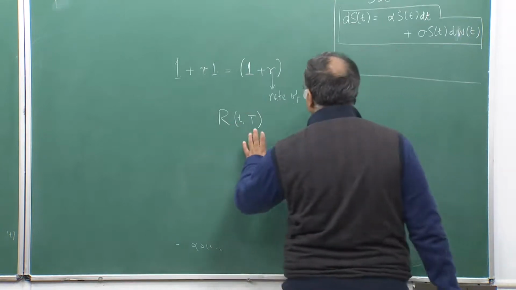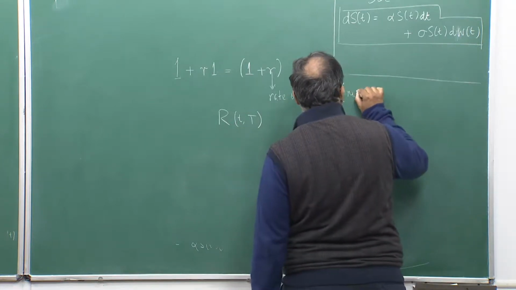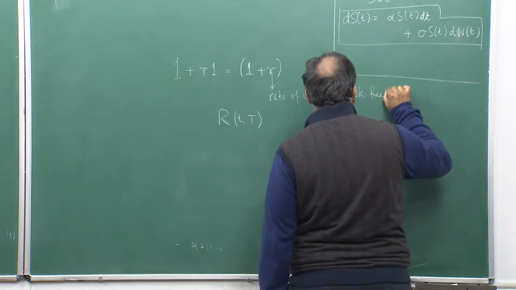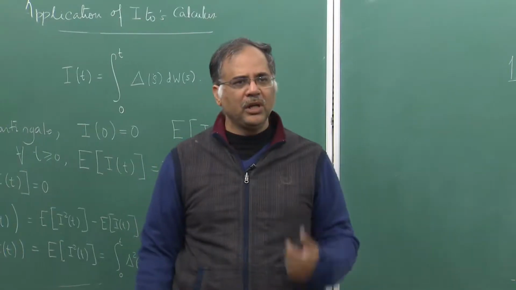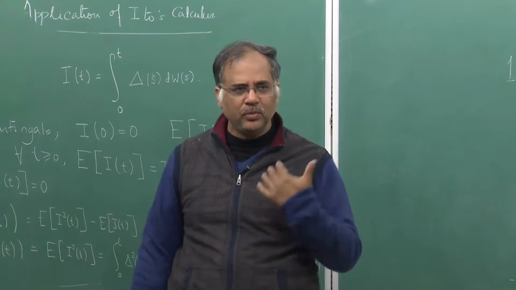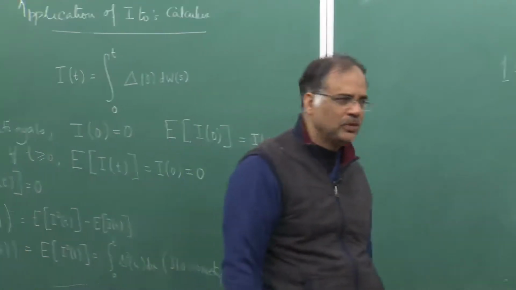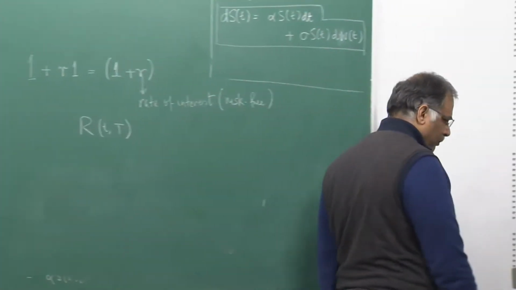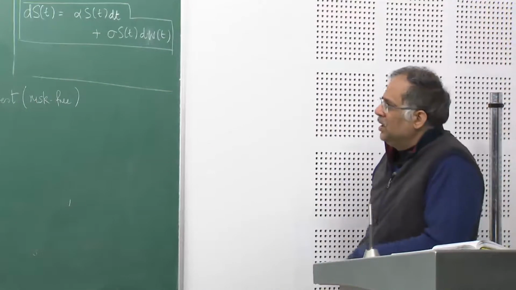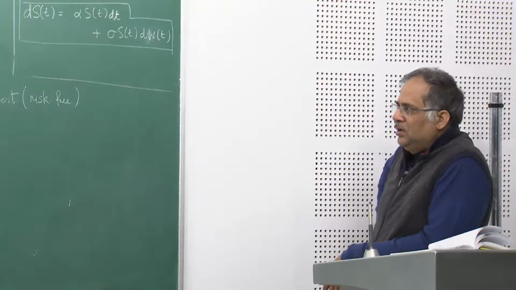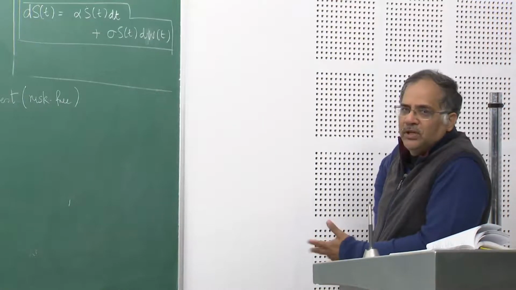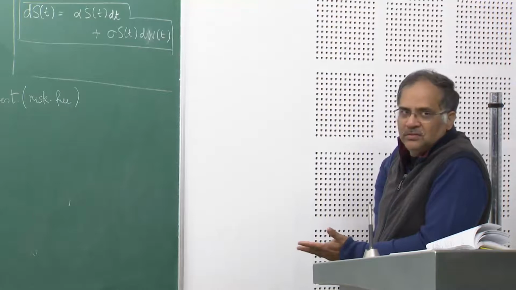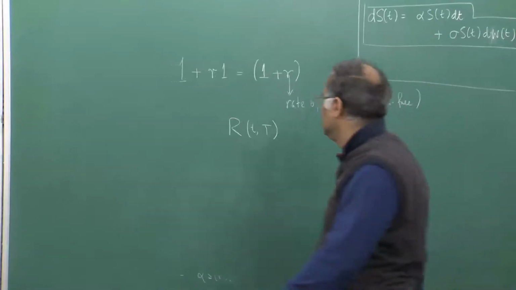This is called a risk free rate of interest, because I guarantee you that if you give me 1 rupee now, after say 1 month I will give you 1 plus r rupees. For example, if you give me 100 rupees now, I will give you back after 1 month 110 rupees. So my interest rate r is 1 by 10th.